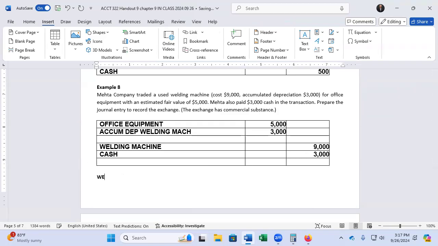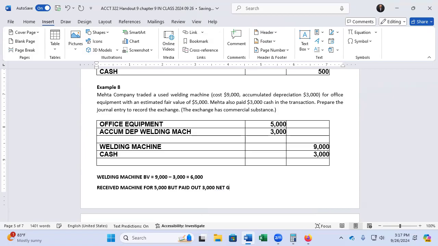So essentially, welding machine book value equals 9,000 minus the 3,000. And so that's 6,000. So we received machine for 5,000, but paid out 3,000.